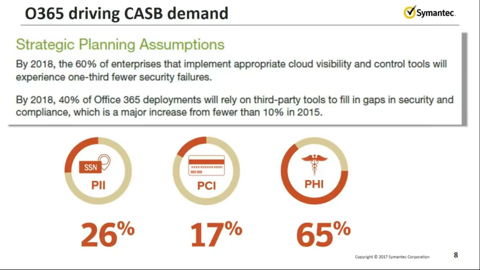So we're finding across all industries that on average, when we do this analysis for the customer in an anonymized way, 26% of customers are exposing personal data in their cloud applications, 17% credit card data, and a lot of it's healthcare.